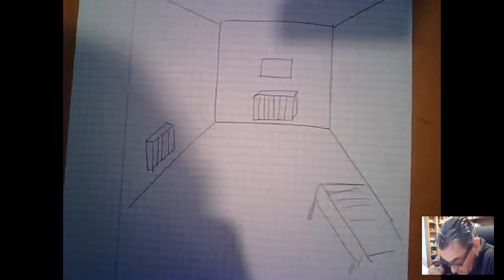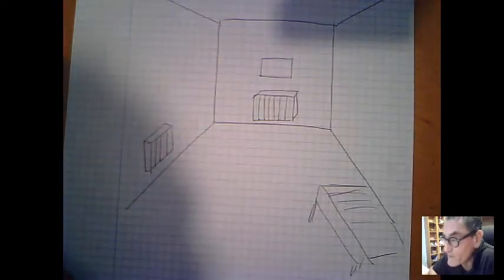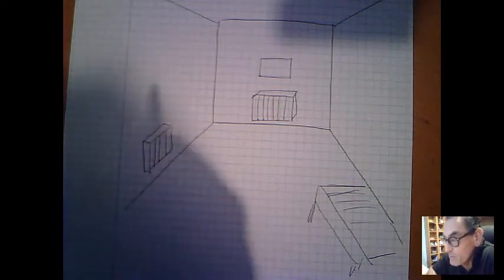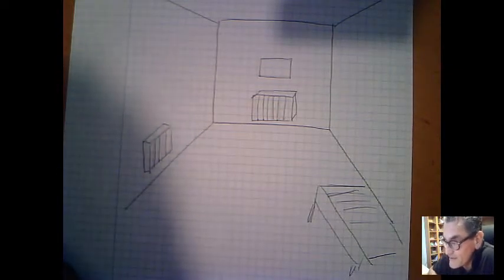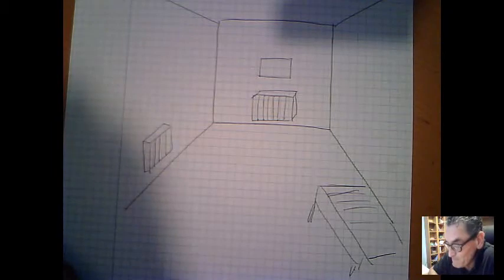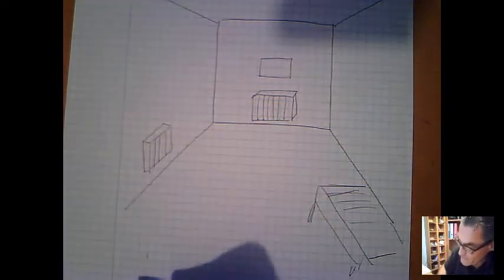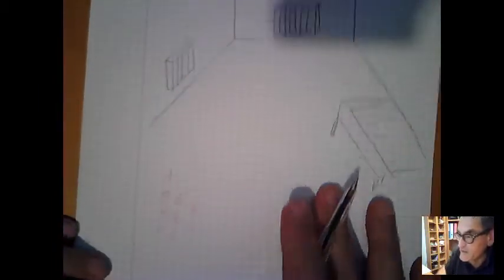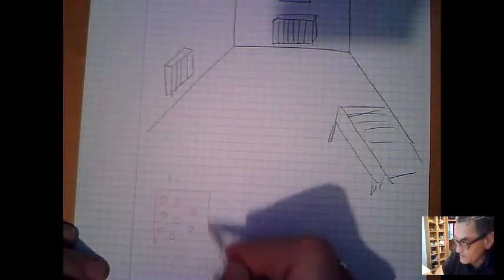Yes, but there's one phenomenon you are missing. If you heat up air, what happens with this air? Does it become more dense or less dense? Imagine that this is cold air.